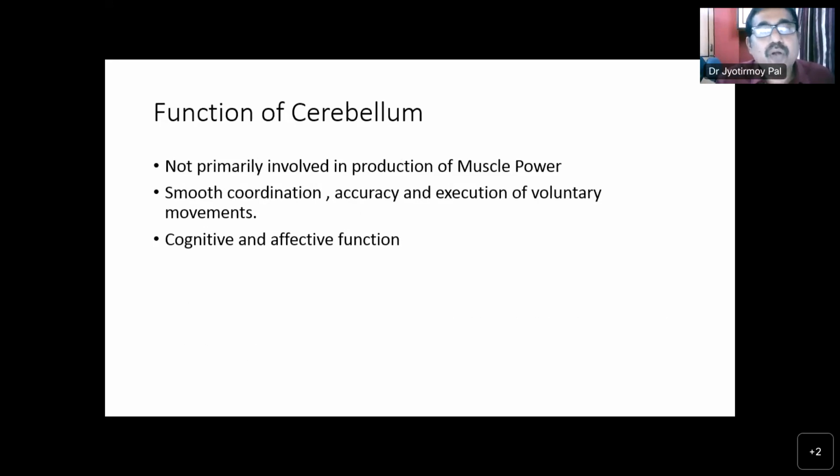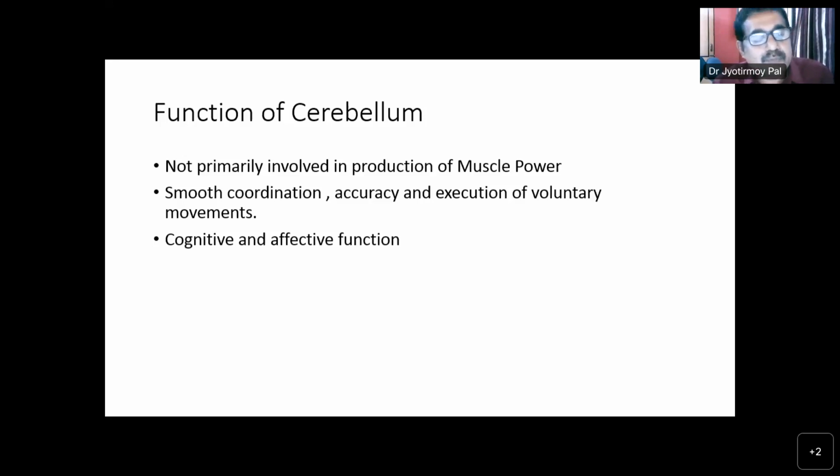Cerebellum is basically not involved in production of muscle power. For muscle power, it is the motor cortex and corticospinal tract. But the function of cerebellum is basically smooth coordination, accuracy, and execution of voluntary movement. So corticospinal tract provides the crude movement, not the accurate movement.